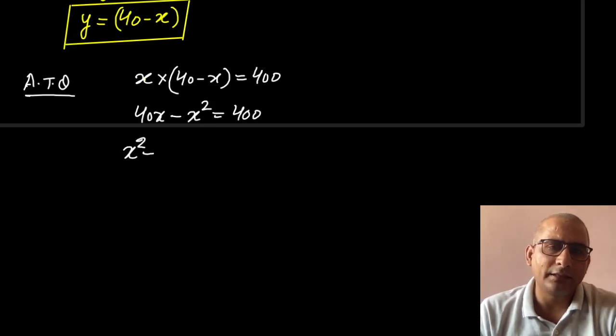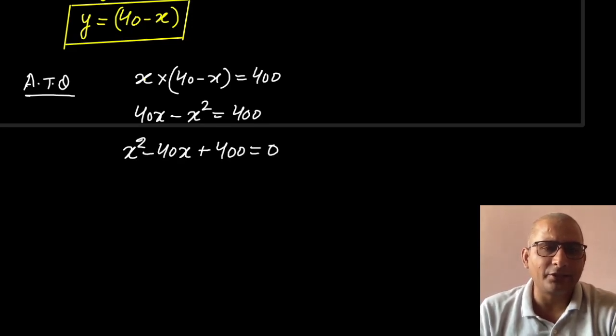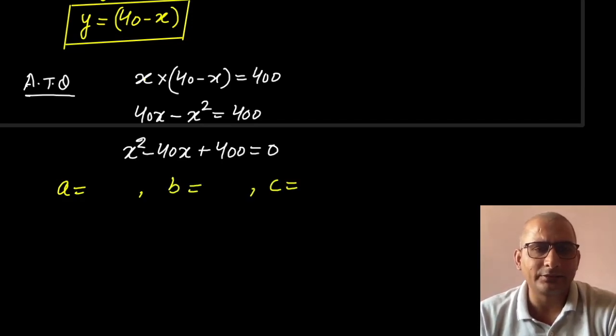Then shift it on the right side. Now first of all we need to check is this condition possible or not. So for that we need to find out the A, B, C. What is A in this case? 1. B, minus 40. C, 400.